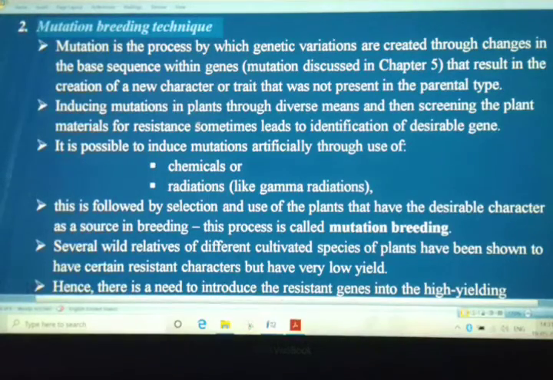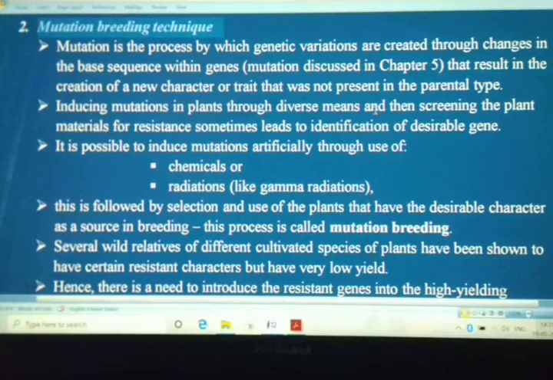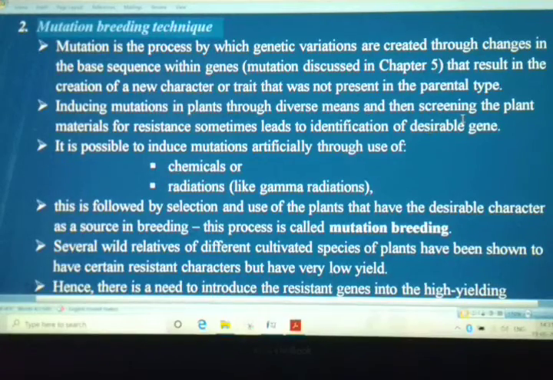Mutation is induced in a plant through diverse means, and afterward screening is necessary to identify the presence of the desirable gene in the plant in which mutation has been carried out.